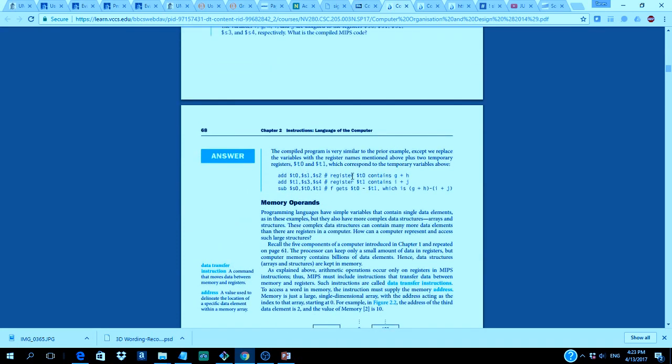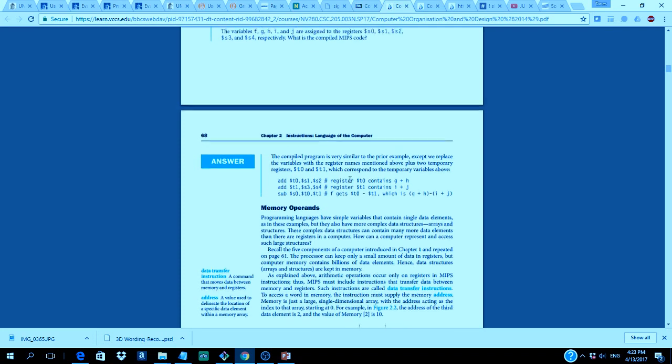Register T0 contains G plus H. It's like you add S1 to S2 and store into T0. So this is three operands, three registers. You add S3 to S4 and store in T1.